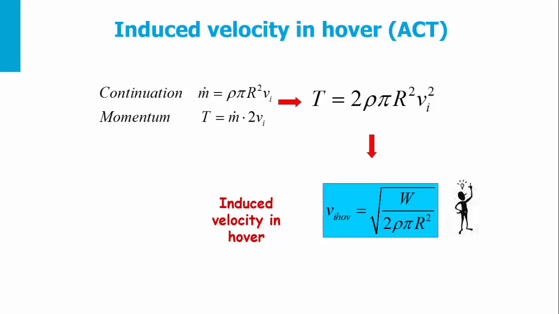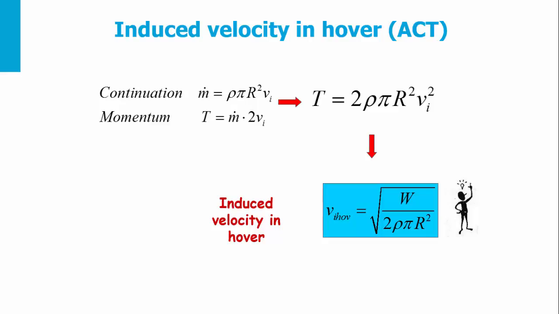From the first one, the mass flow rate equals rho, the density, times pi, the number, R, the radius of the rotor squared, times the induced velocity at the level of the rotor.